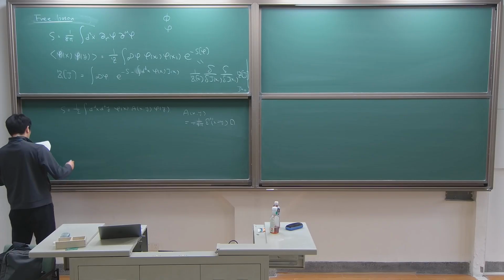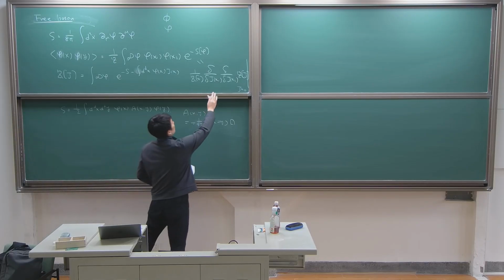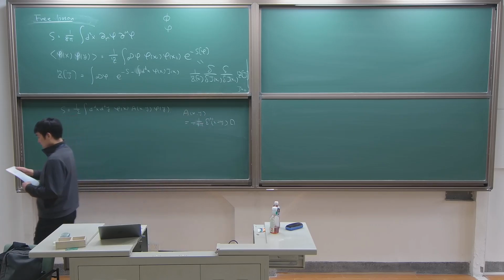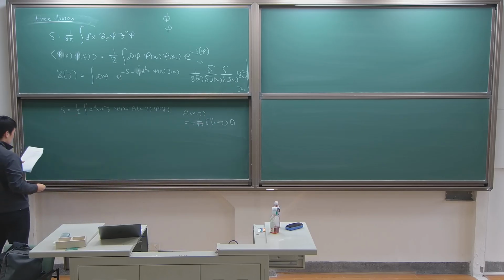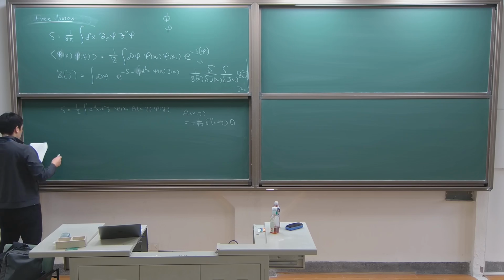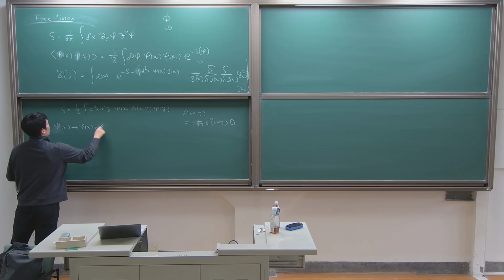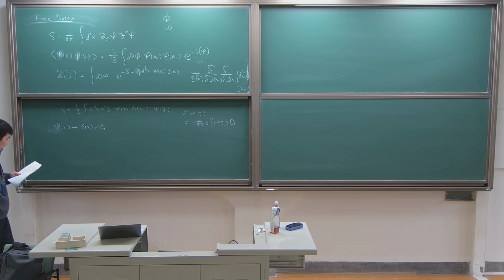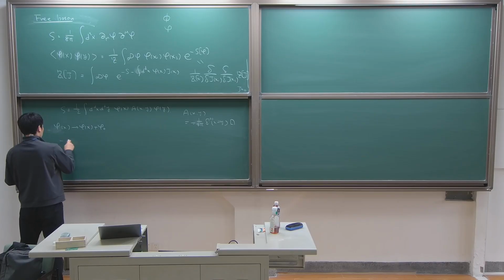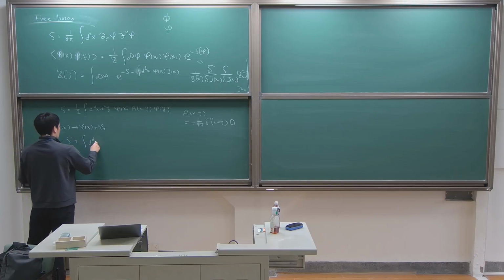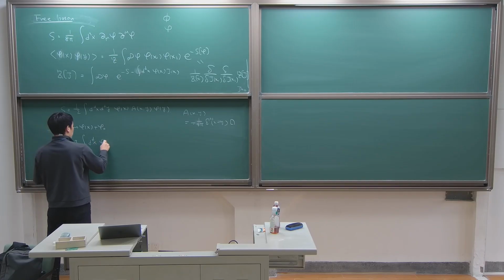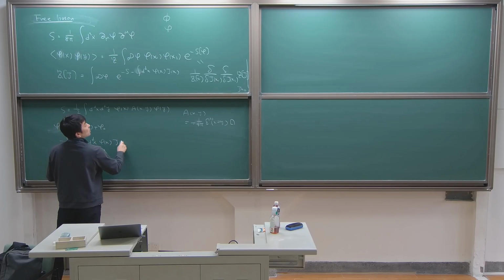To derive the two-point function, we just need to use this equation. To do this, we do a shift of the field: phi of x goes to phi of x plus phi 0 of x.